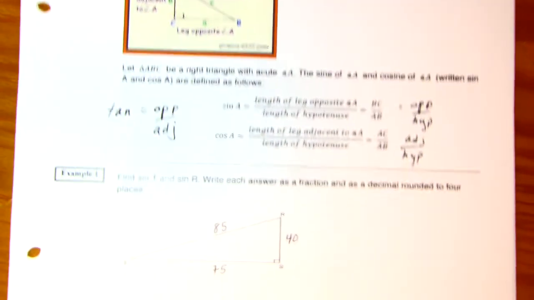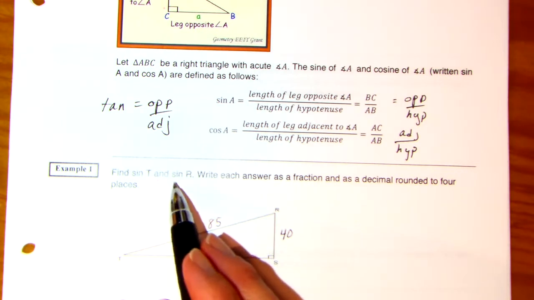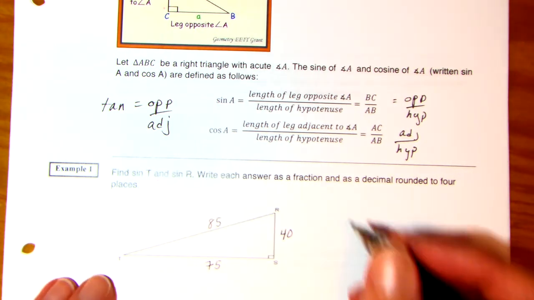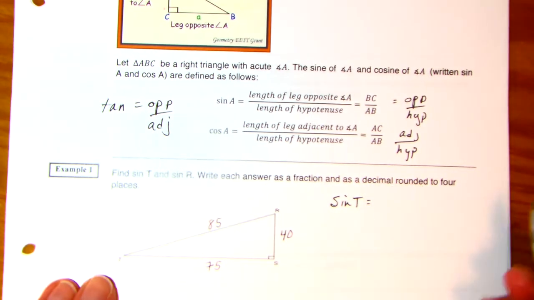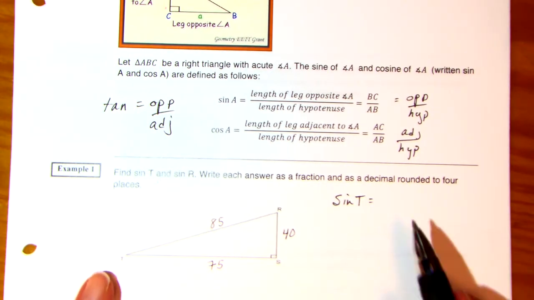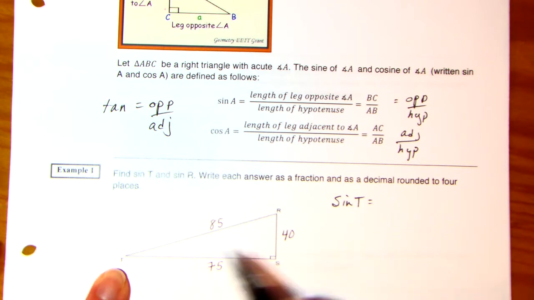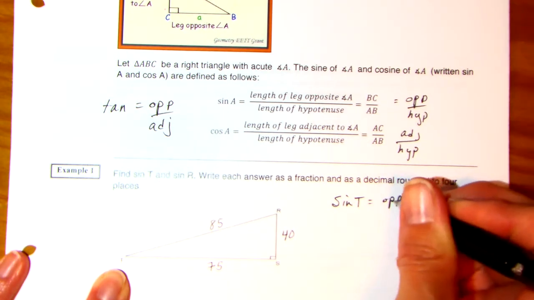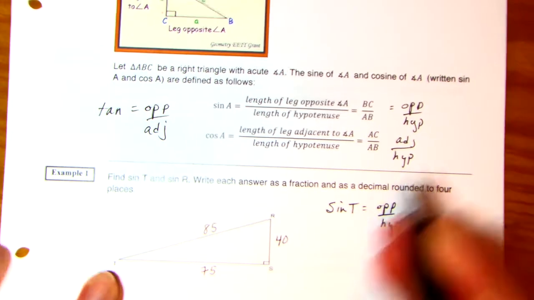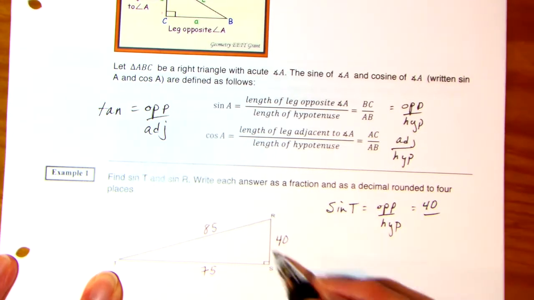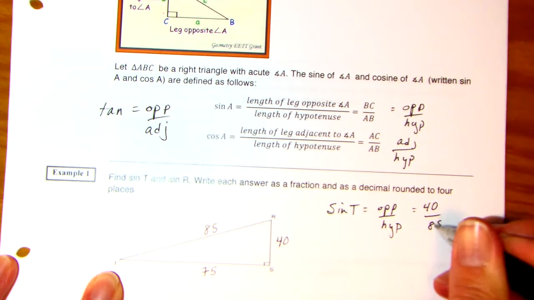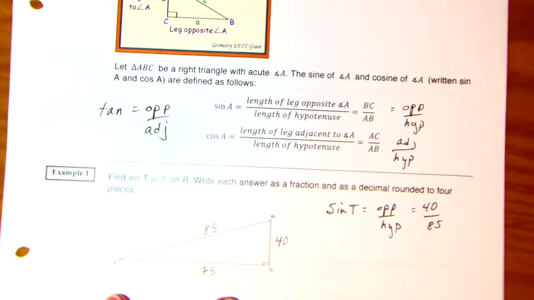All right. Find sine of t and sine of r. Okay, so let's start with sine of t. Sine is, remember, opposite over hypotenuse. So the opposite of t is 40. Hypotenuse is 85. It says write as a fraction and as a decimal.